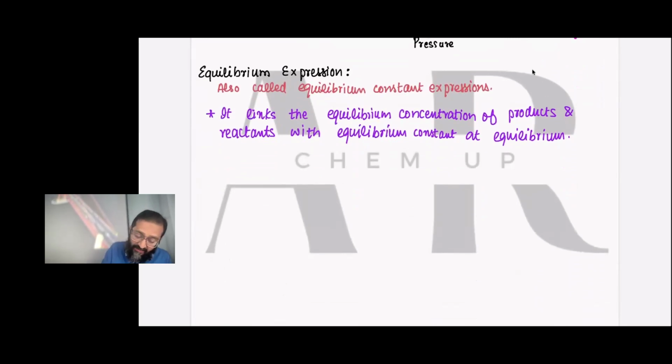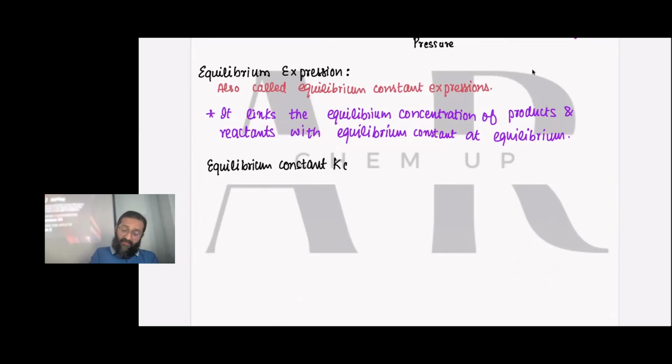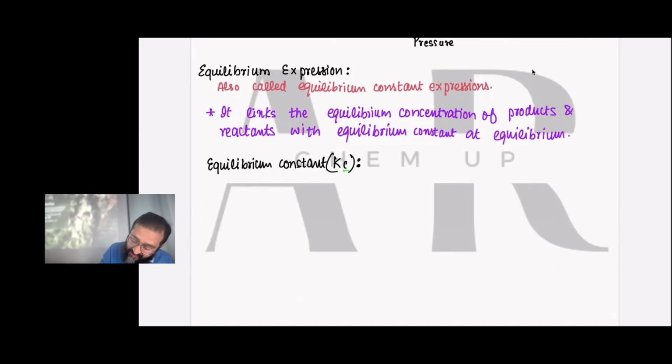There are two types of equilibrium constants. First, we will discuss the equilibrium constant Kc. What does Kc refer to? K refers to the equilibrium constant, but when we use the term C, remember that C refers to concentrations at equilibrium.